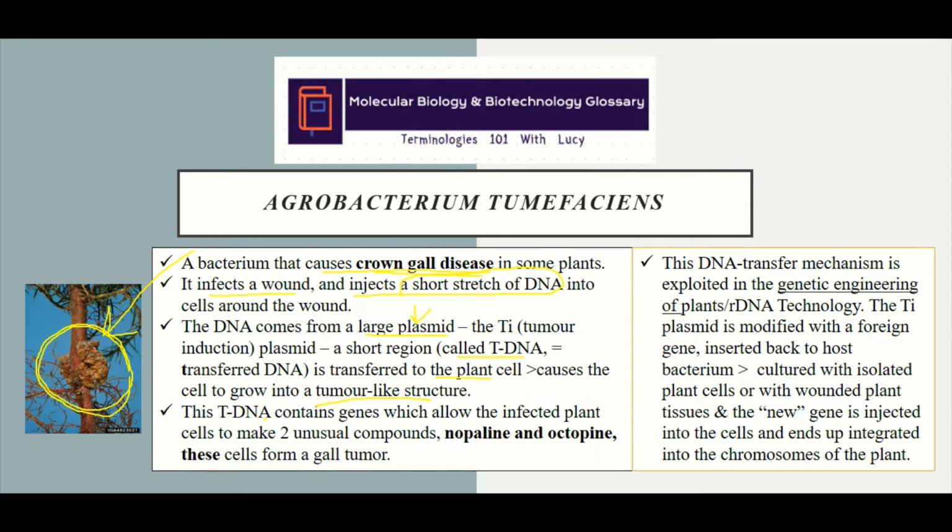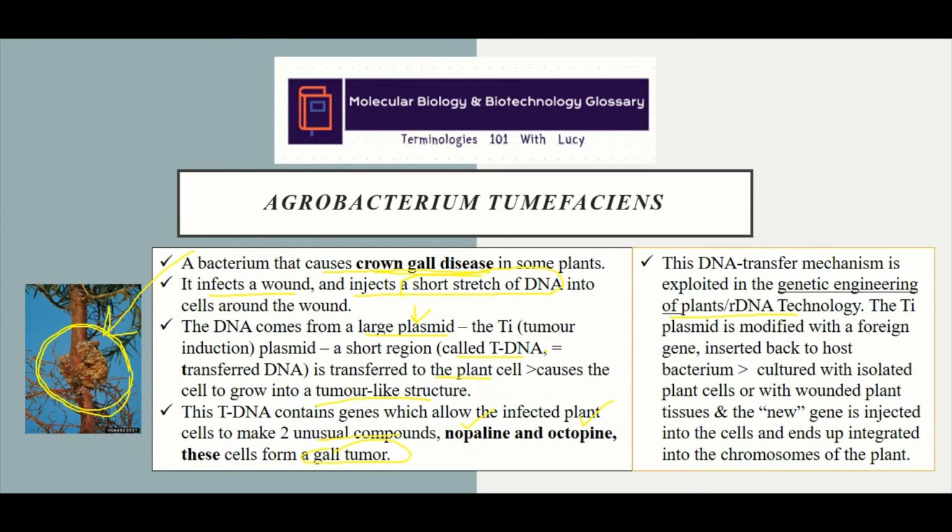So this tDNA contains the genes that allow the infected cells to make unusual compounds such as nopaline and octopine, and these are the ones that are responsible for the tumor-like structure called a gall tumor that looks like this.